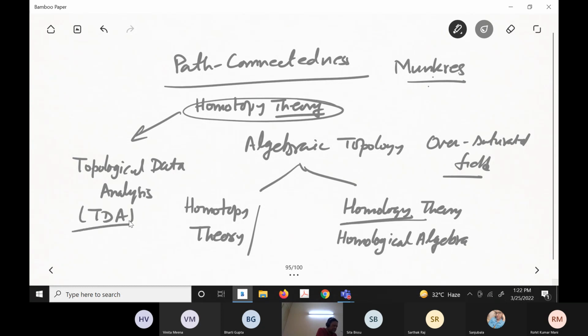In many problems they actually deal with problems coming from algebraic topology. Topological data analysis usually hires postdocs, but some universities also encourage PhD students. So if you are interested in topology with applications, you can think of this area, topological data analysis.